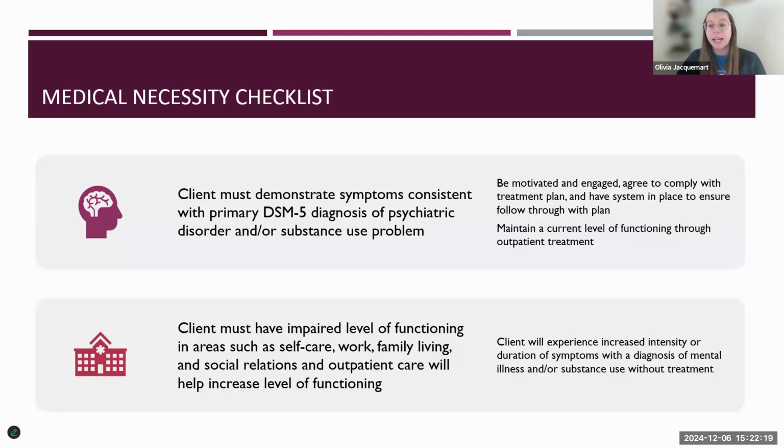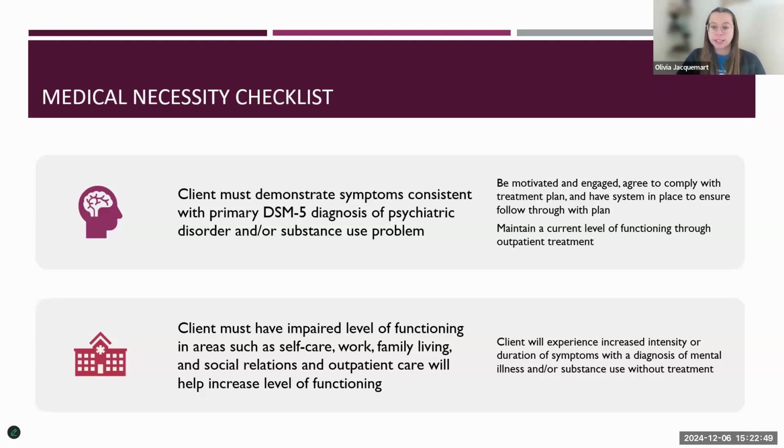And then we want to maintain a current level of functioning through outpatient treatment. So VPBS provides that outpatient level of care, and we want to make sure that we are able to provide them with that same level of functioning. And then the client must have an impaired level of functioning in areas such as self-care, work, family, living, and social relations, and outpatient care will help increase that level of functioning.